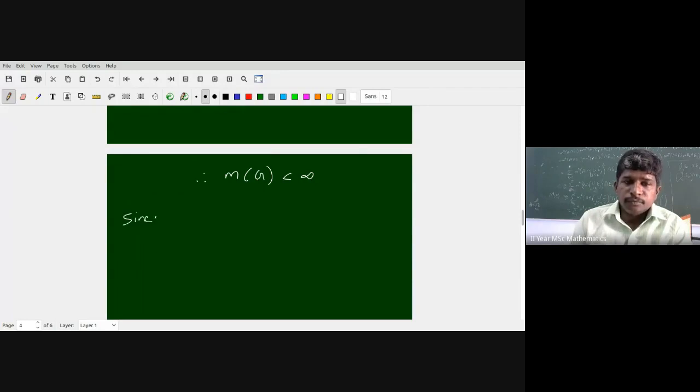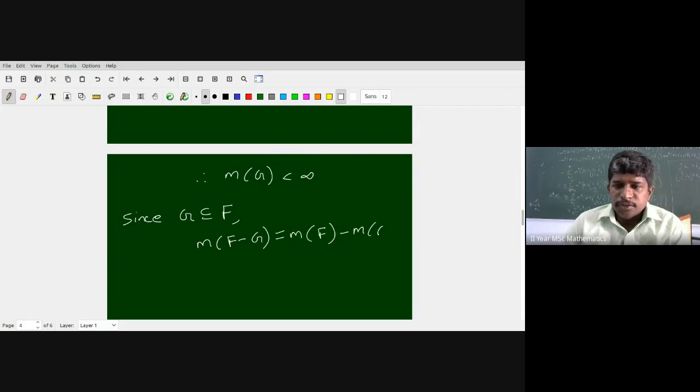Since G is a subset of F and the measure of G is finite, the measure of F minus G equals the measure of F minus the measure of G.